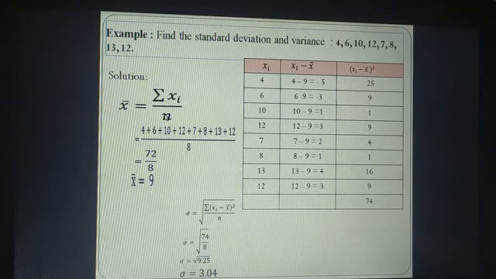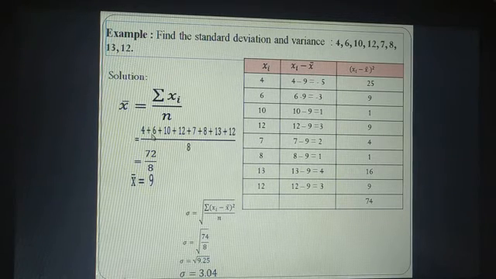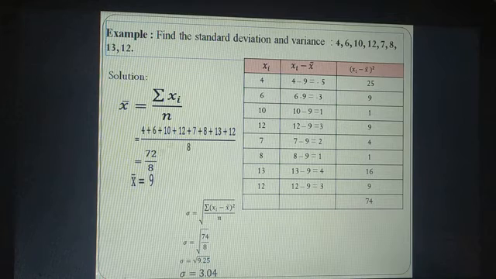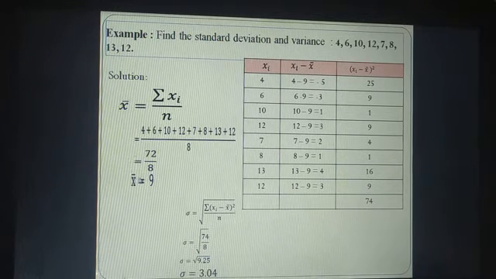Sigma xi is the sum of all these observations: 4 plus 6 plus 10 plus 12 plus 7 plus 8 plus 13 plus 12, by 8, where 8 is the number of observations n. The sum of these observations is 72 by 8. So the mean of the data, x bar, is equal to 9.